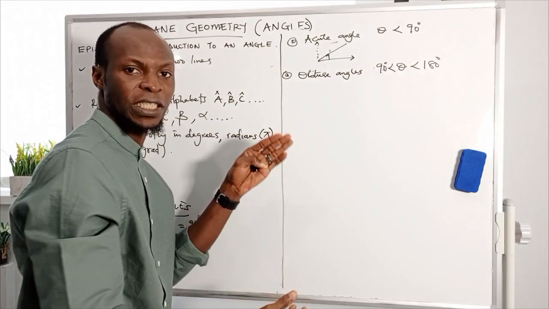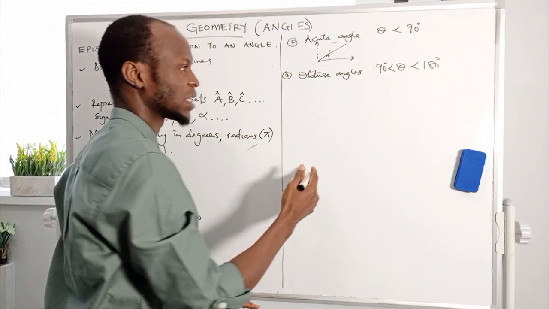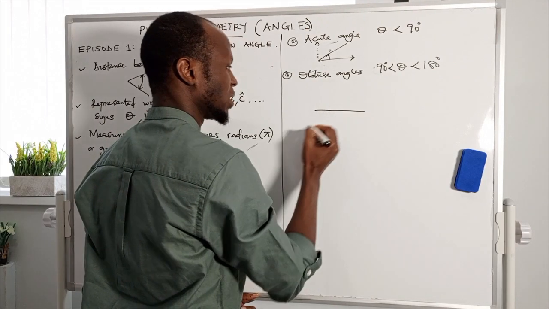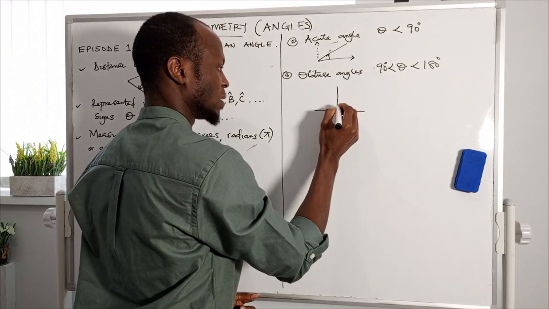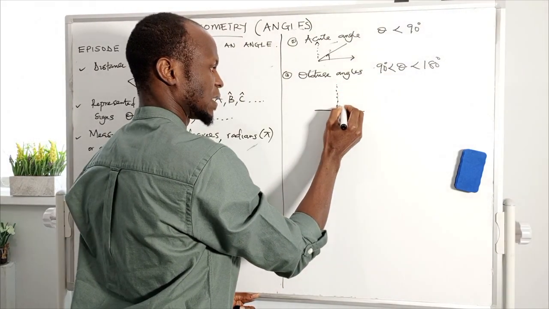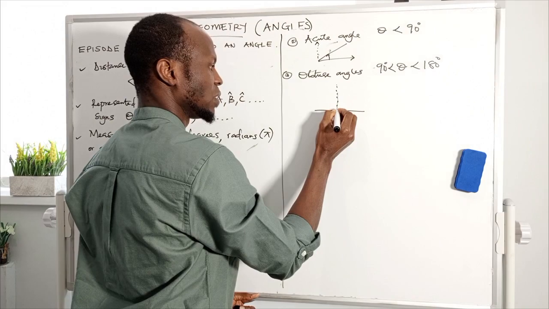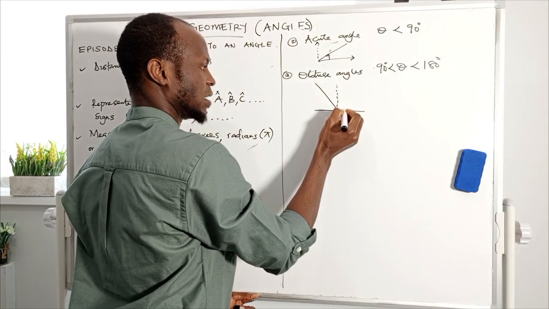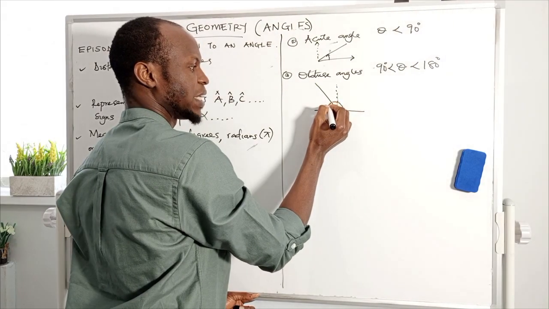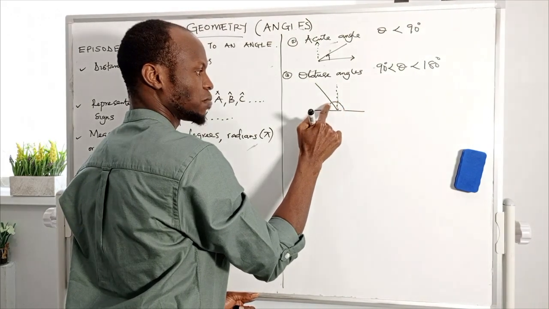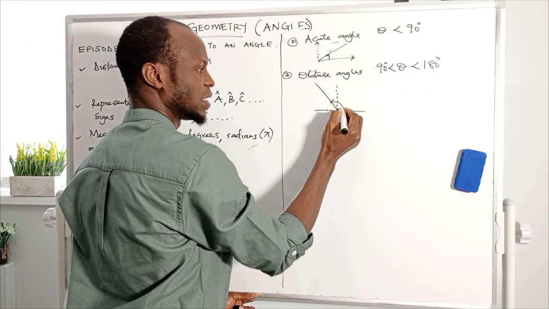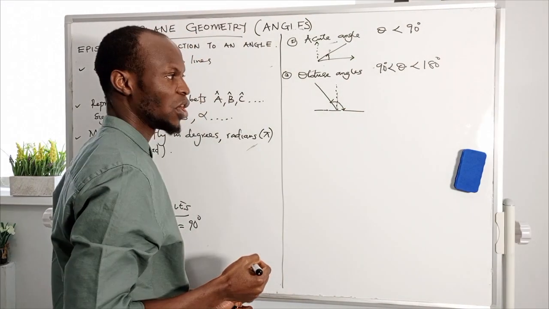The angle between 90 degree and 180 degree is known as obtuse angle. For example, if you have this angle, this is 90 degree. So an angle that will have like this, it has passed 90 degree, but it is not up to 180 degree. This is 180 degree, but it is not up to 180 degree. It's in between 90 degree and 180 degree. Such an angle is known as obtuse angle.